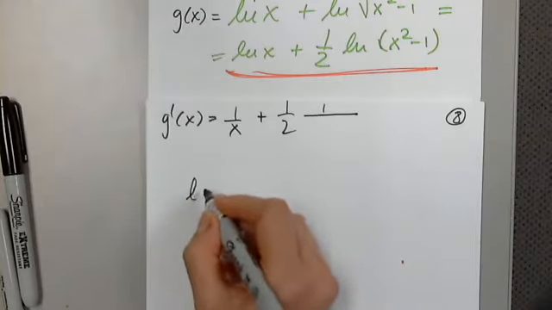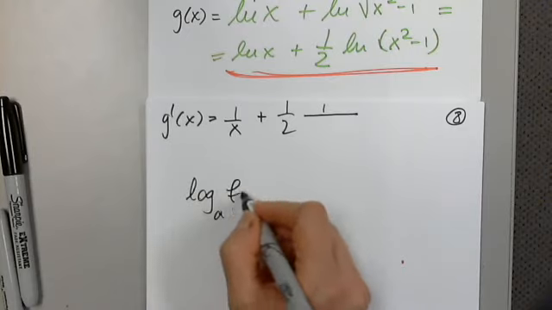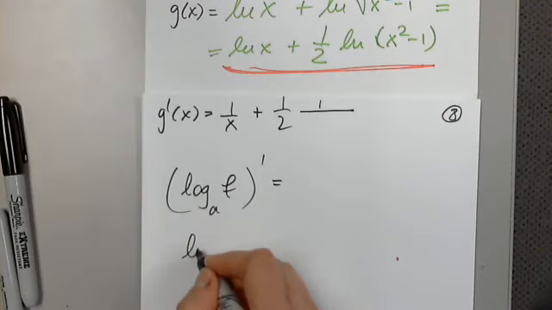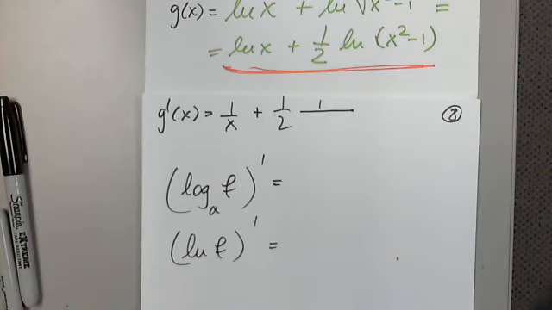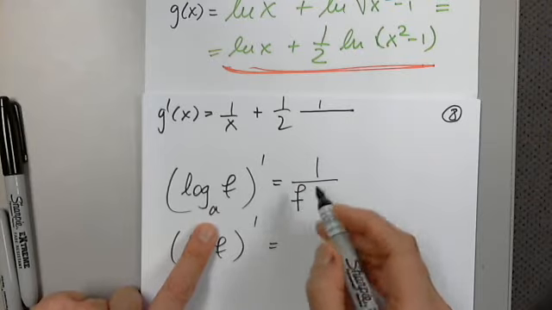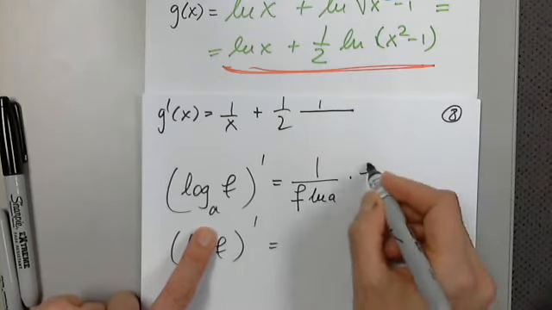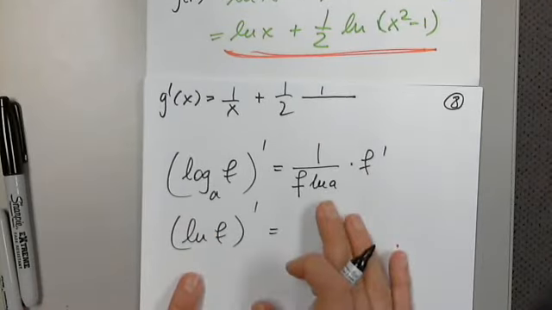So what about log base a of a function prime? I should have. And then natural log of a function prime. Let's add these two in. That'd be 1 over x times the natural log of a, times. Very good. And this one is even easier because it doesn't have natural log a.